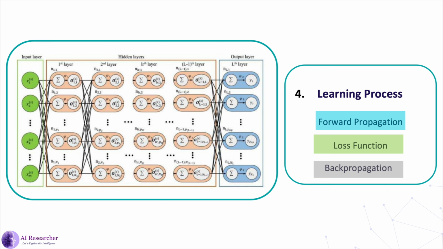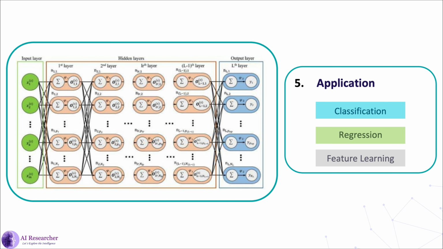So next is about applications of MLP. We can use MLP for classification tasks, regression, and feature learning. About classification, for example, classifying an email as spam or not spam. It can also be used for image classification tasks.